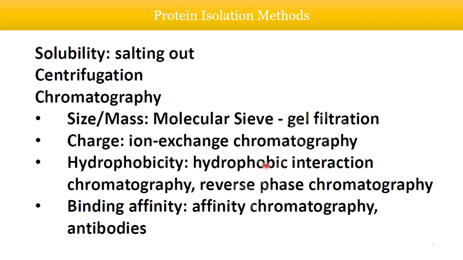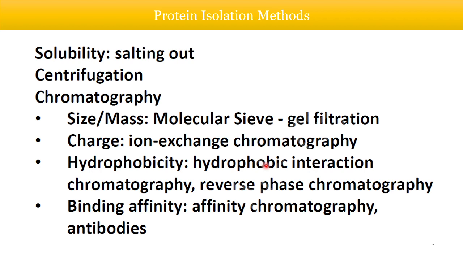On the basis of hydrophobicity, there are reverse phase chromatography and hydrophobic interaction chromatography. And on the basis of affinity, you have affinity chromatography, and then you have the antibodies which you can use for the isolation of your protein of interest.